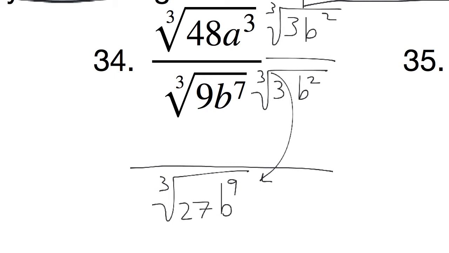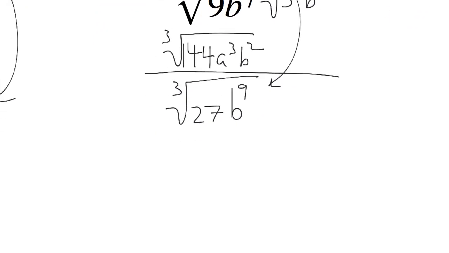So now we have the cube root of 48 times 3, 144 a cubed b squared. Great.